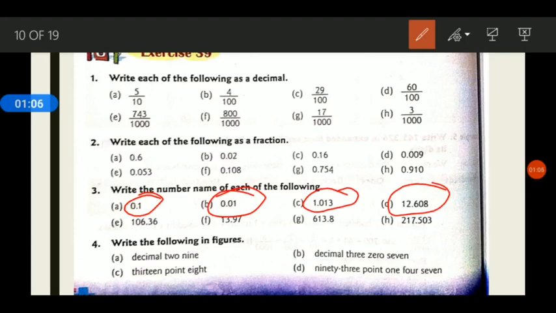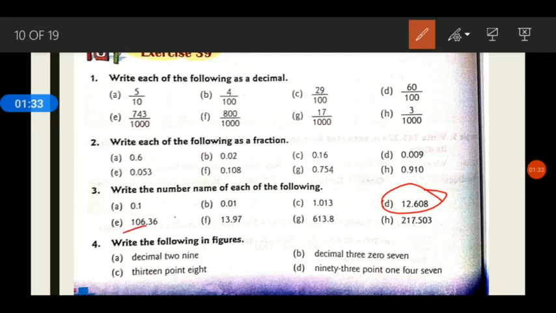Children, the whole part we read as we read whole numbers. If there is a number written before the decimal, we read it as a whole number. Only the decimal part we read separately. Got it?